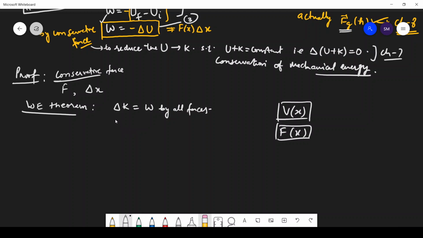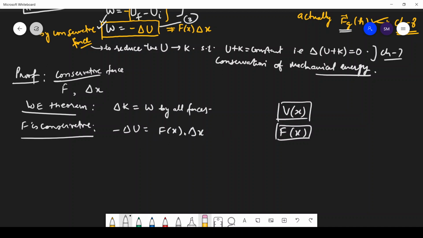So F is conservative. It means the potential energy function, I can define the potential energy function equal to this thing. I'm writing it again. So minus delta U is equal to Fx delta x, which means the work done.